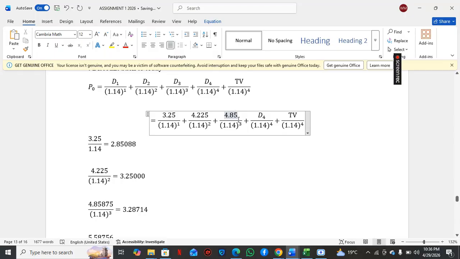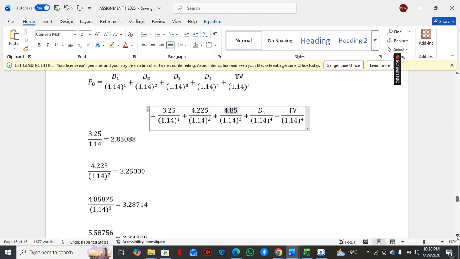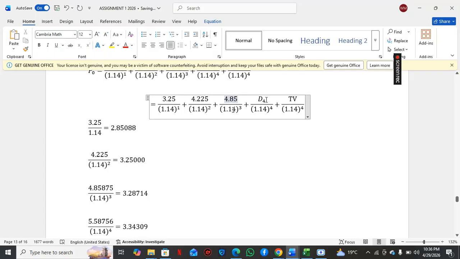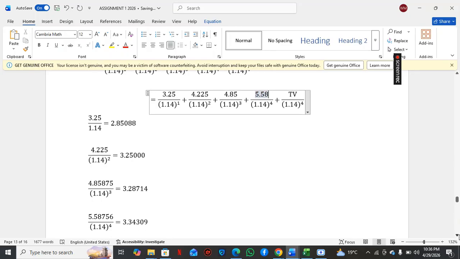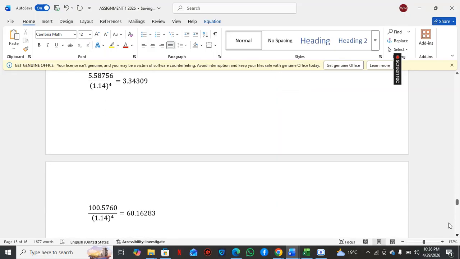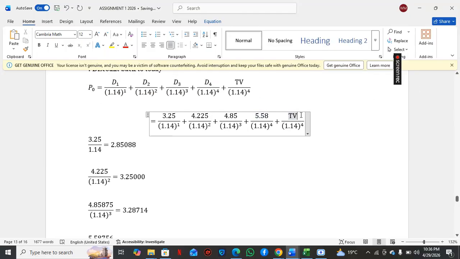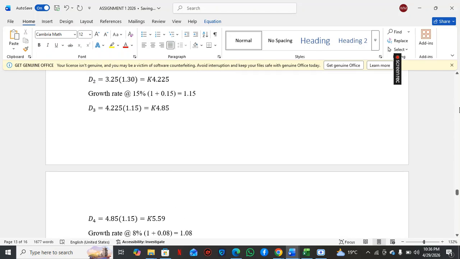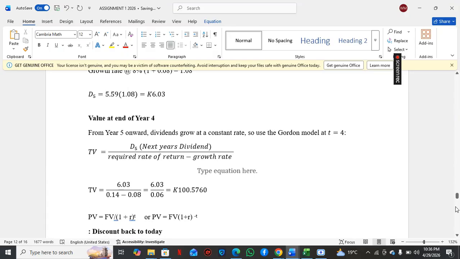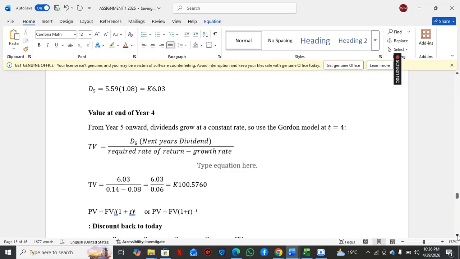Remember, I started rounding off from here. Then here it was 5.58. And then finally the terminal value, that 100 kwacha we calculated, 100.5760.